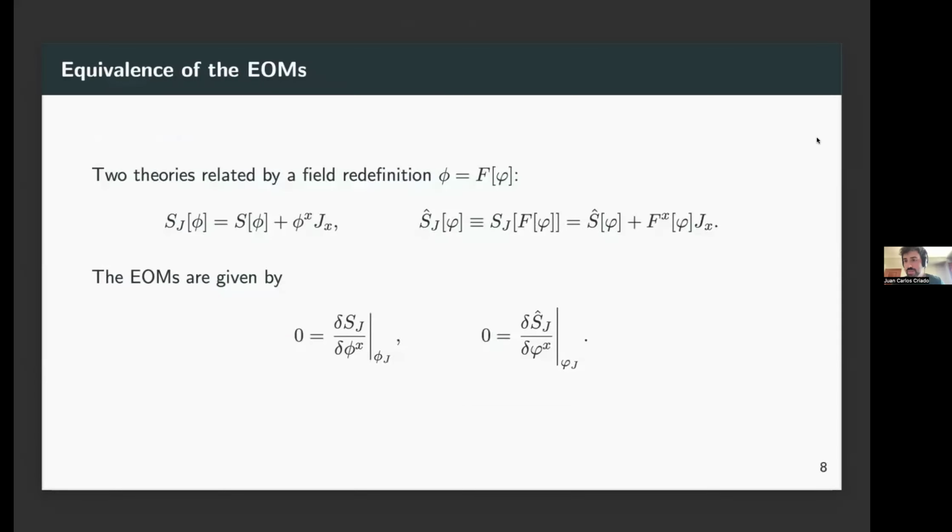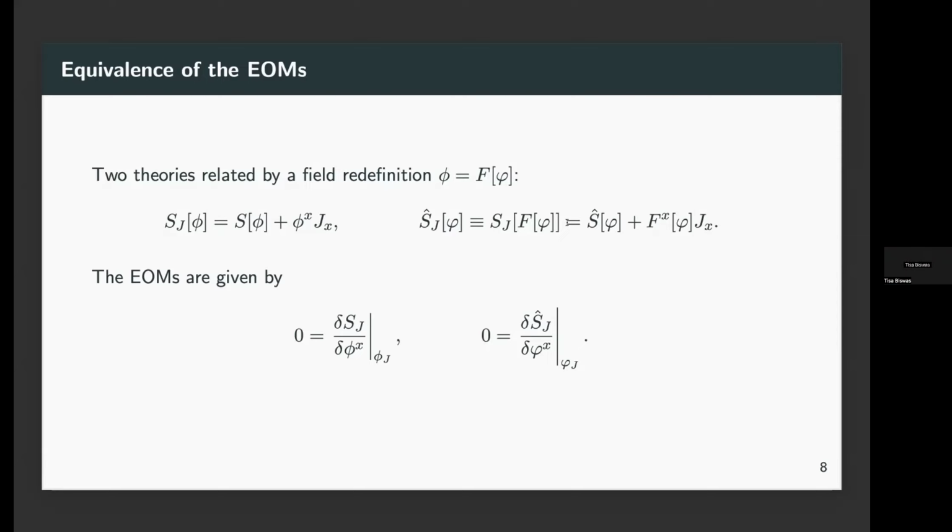I see another hand, maybe. Yeah, am I audible? Yes. In the same context, so the Jacobian in dimensional regularization, if we consider up to dimension 6, the Jacobian is 1, right? Yes. In dimensional regularization. Yeah.